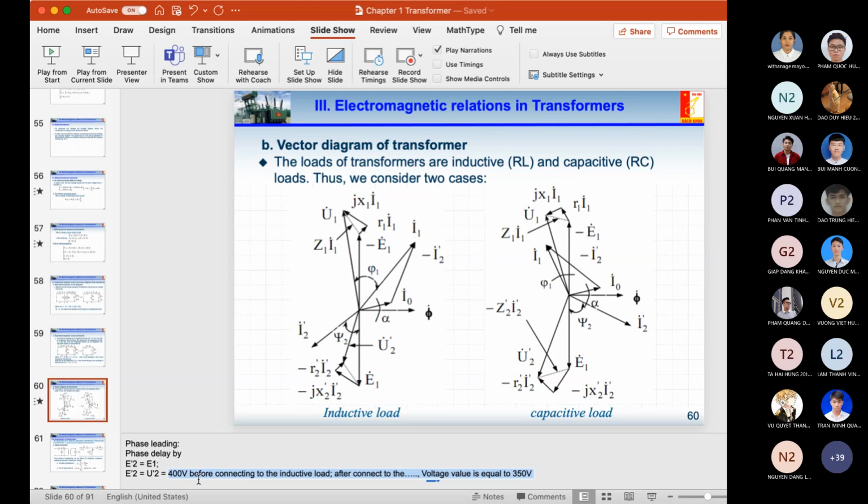For example, it goes from 400 volts down to 350 volts, and this value cannot be suitable for the electrical devices in the office, for example computers, printers, and other things also.